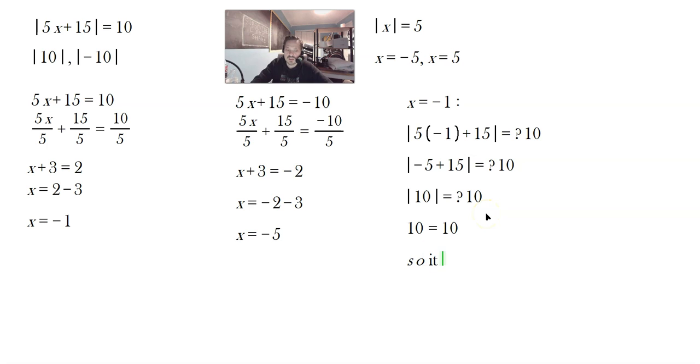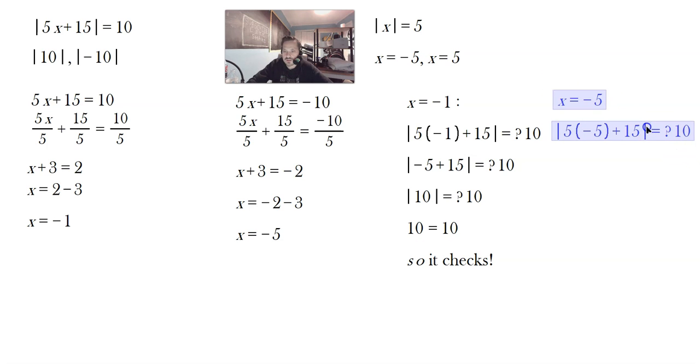Try with x equals negative 5. So plug it in. See whether you get the 10 to come out or not. Look carefully. So 5 times negative 5 plus 15, in absolute value. Does this equal 10? That's what we are checking.